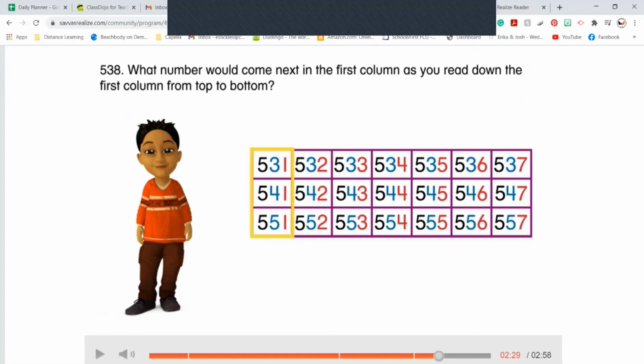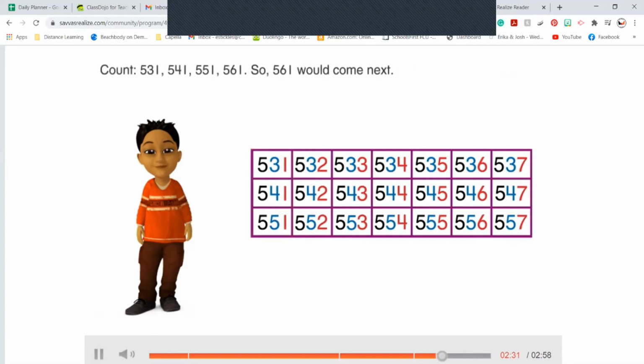Our numbers from 531 to 541 to 551 are increasing from top to bottom by 10 each time. So we would go 531, 541, 551, 561. We would go up by 10 more. Count. 531, 541, 551, 561.